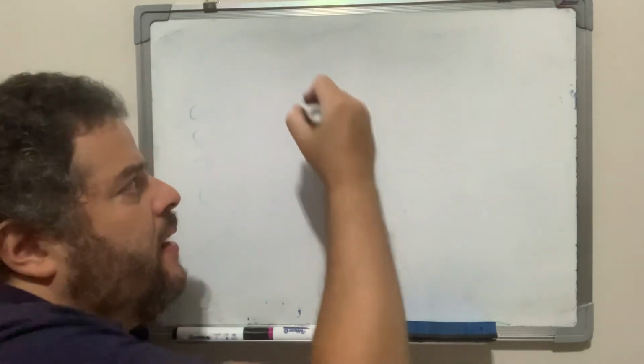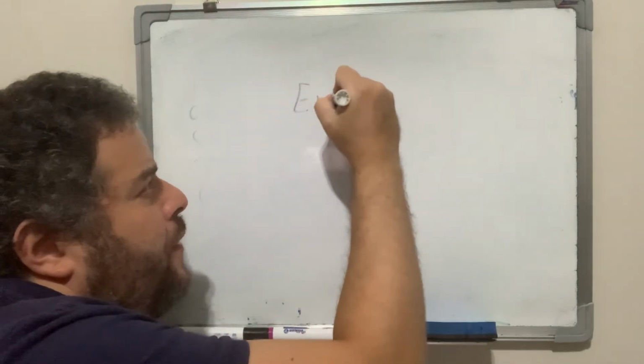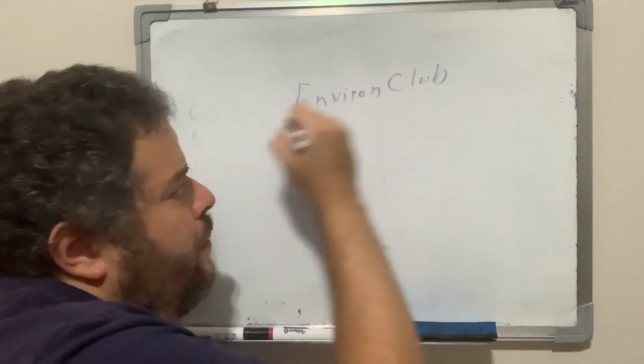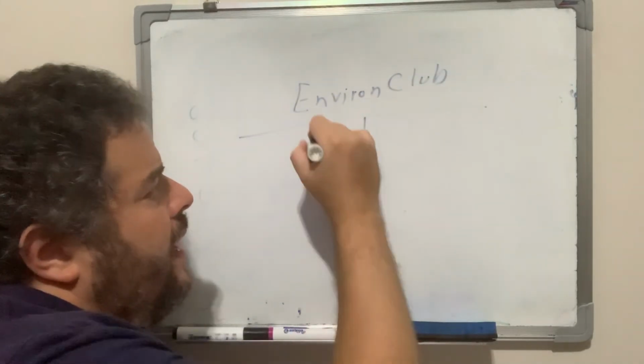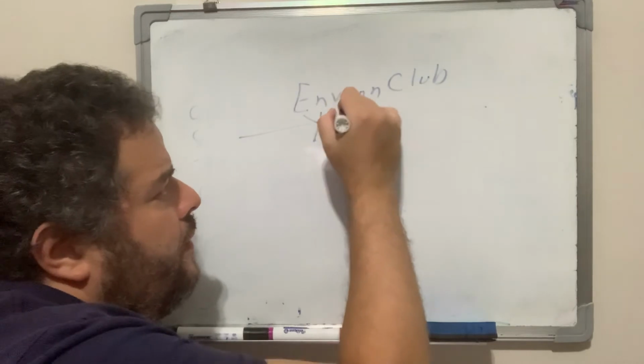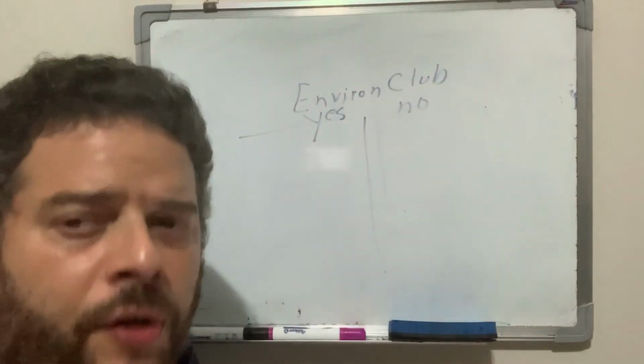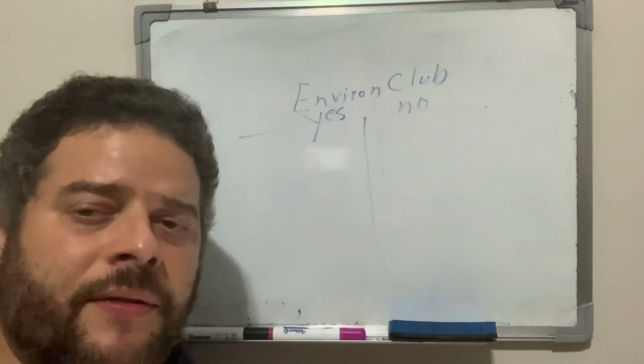And in the book, we see one that has on top environmental club. And pretty much we have a yes and a no. So this is one variable. Does a person belong to the environmental club?